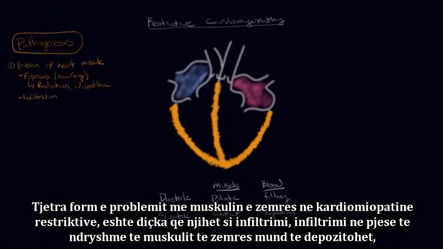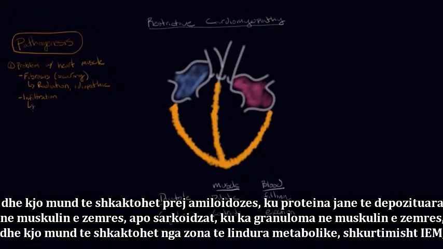And with infiltration, there's different particles that actually get deposited into the heart muscle, and this can be caused by things like amyloidosis, in which proteins are deposited in the heart muscle, or sarcoidosis, in which there are granulomas in the heart muscle. This can be caused by inborn errors of metabolism, which I'm going to just abbreviate IEM.